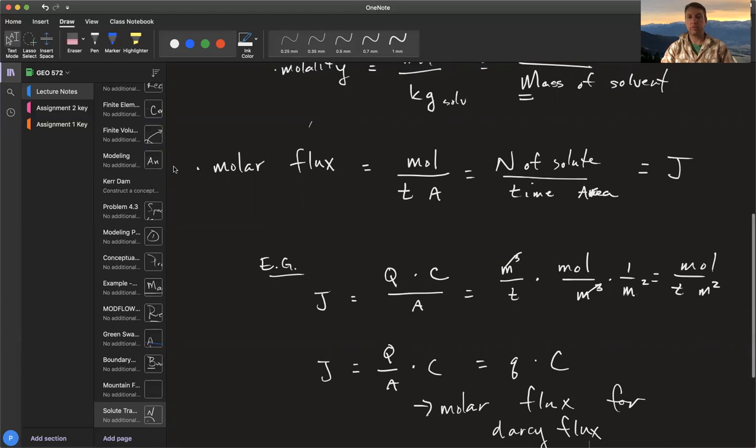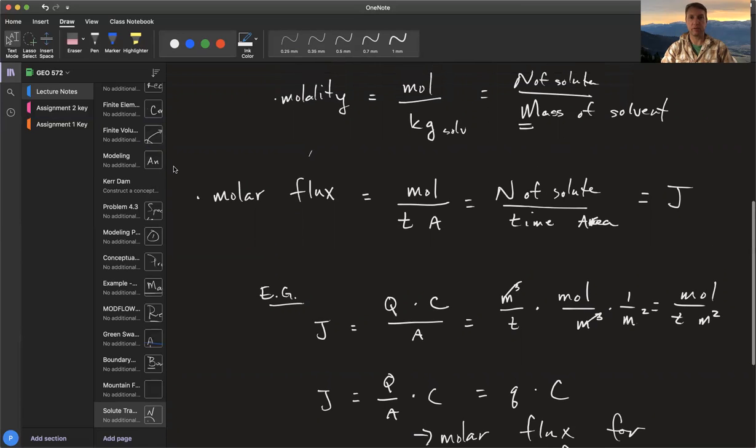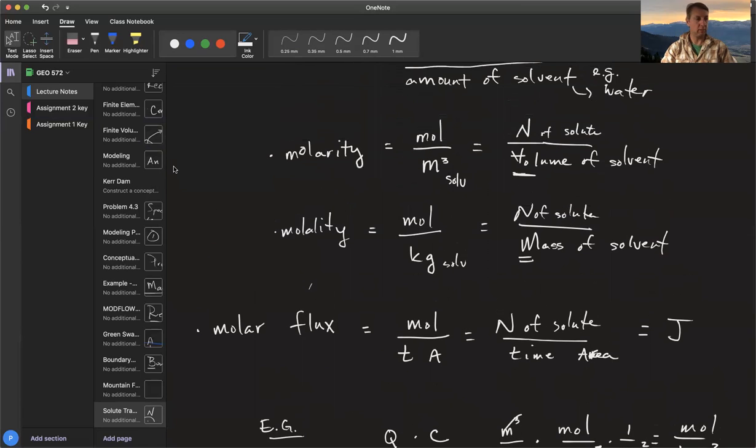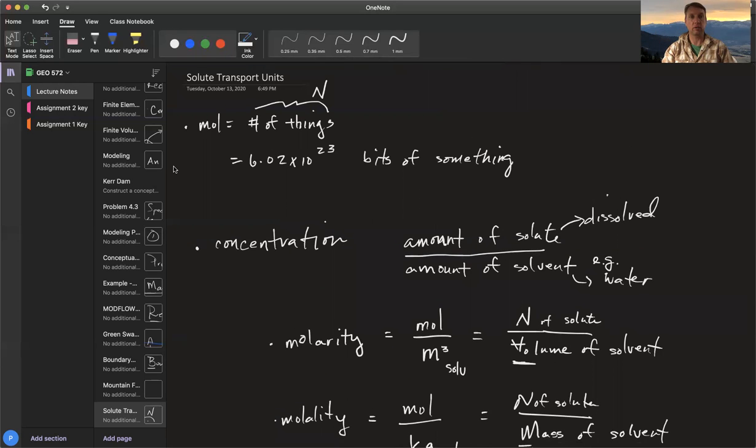Okay, so molar flux, this is just an example of a type of molar flux. So we've got moles, concentration, molarity or molality, and molar flux defined. All right, so I want to start talking more about solute transport methods.